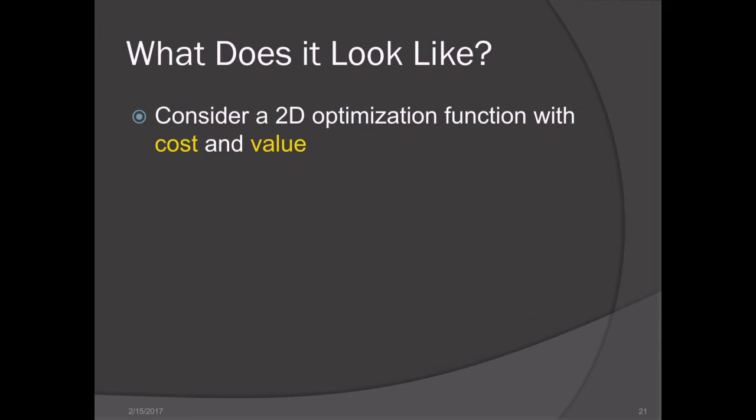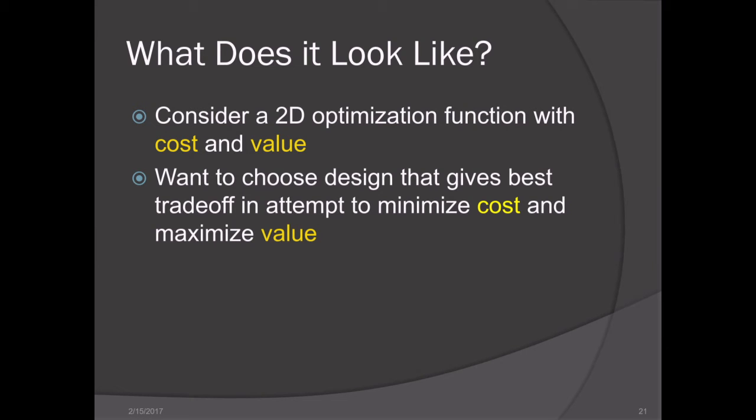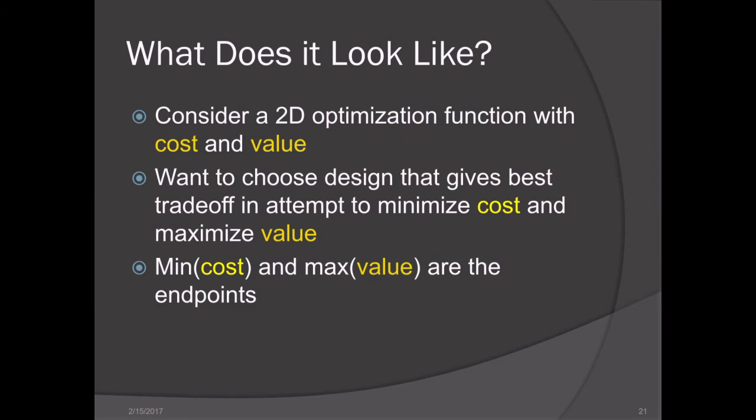So what does a Pareto front look like? We looked at a simple example, and we're going to look at some more specifically related to the LCAAT data. But first, consider a 2D optimization function where we're looking at cost and value, a very typical scenario. You're always trying to minimize the cost and maximize the value for something.